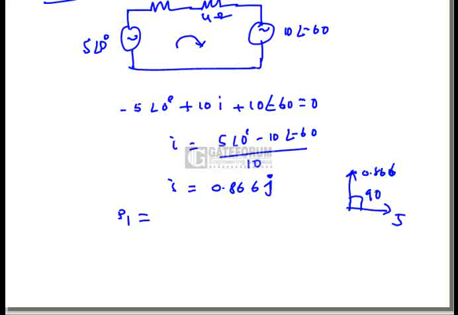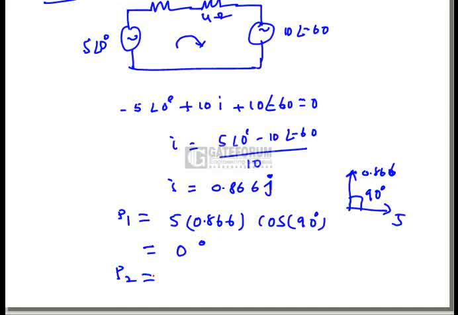The angle between the voltage and current is 90 degrees here, because the current leads the voltage by 90 degrees, so phi is 90 degrees. If you solve this, the power is 0, because cos 90 equals 0. That's why the power delivered by source 1 is 0.